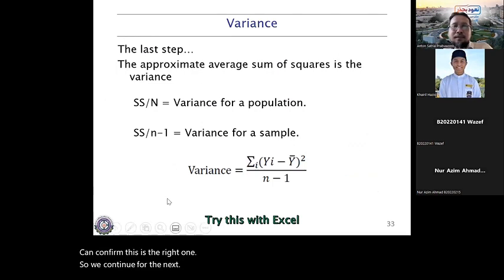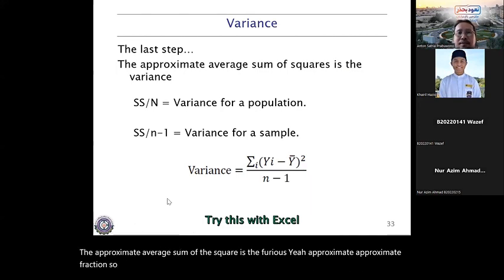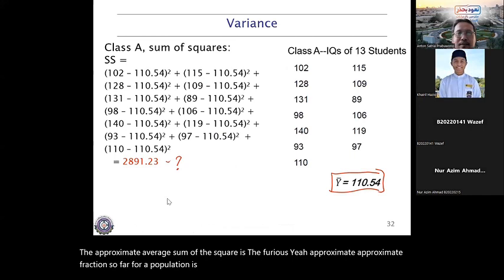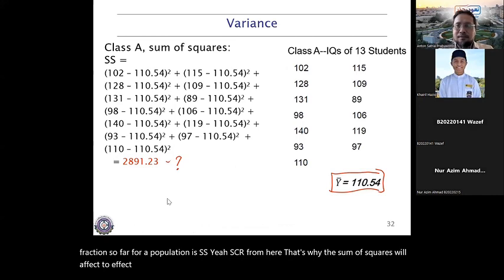Okay, the variance, the last step. The approximate average sum of the square is the variance. So variance for a population is SS, and SS is from here. That's why the sum of squares will affect the next calculation, right?